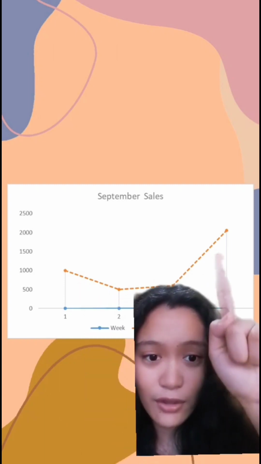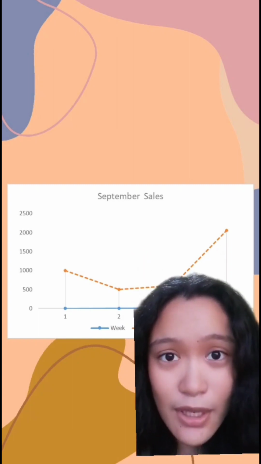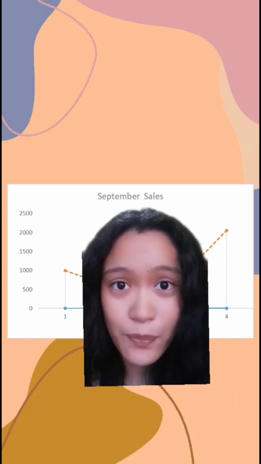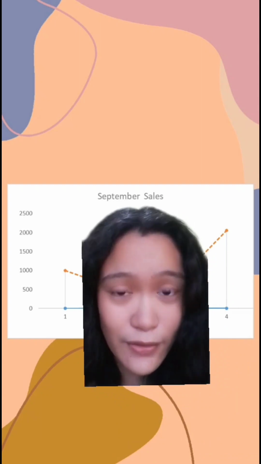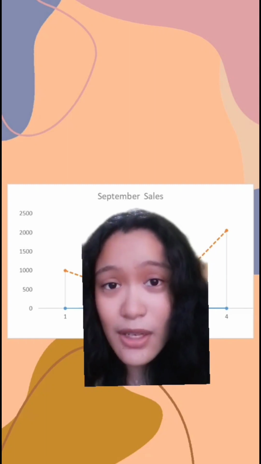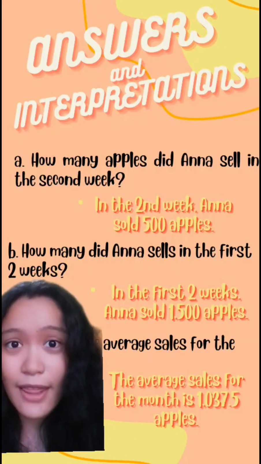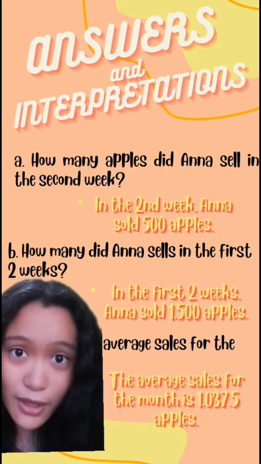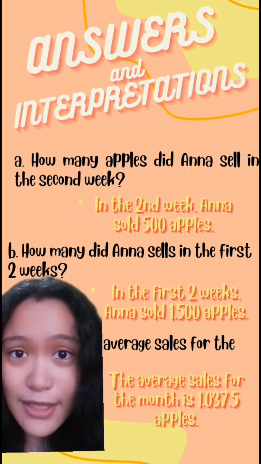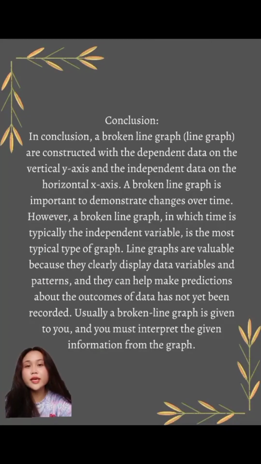And in the fourth week, she sold 2,050 apples. When we add those together, we get 4,150 apples. If we divide it by 4, we get 1,037.5 apples. So the average sales for the month is 1,037.5 apples.